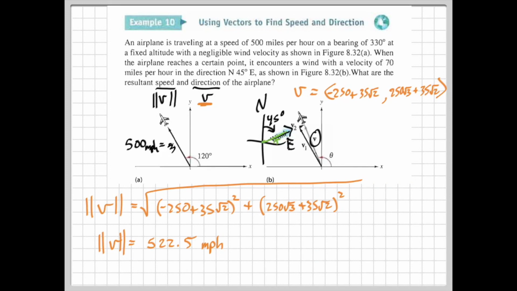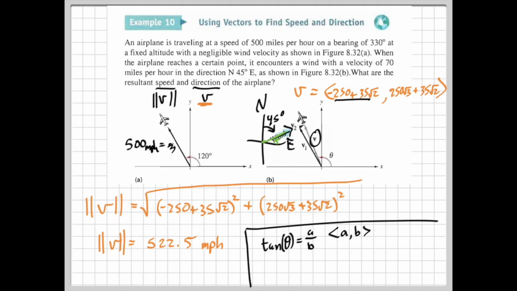Now, if we wanted to find the directional angle, the resultant angle, whenever you have to do this with vectors, you're going to use tangent of theta equals b over a. Sorry, I got that backwards, it's always sine on top.